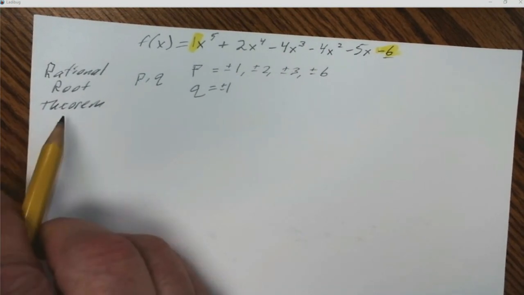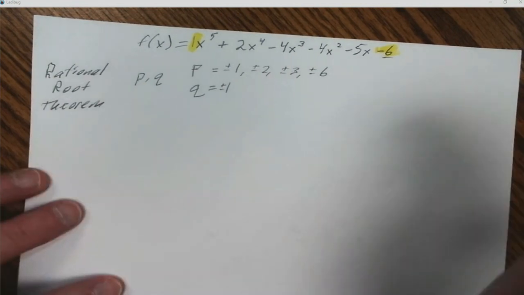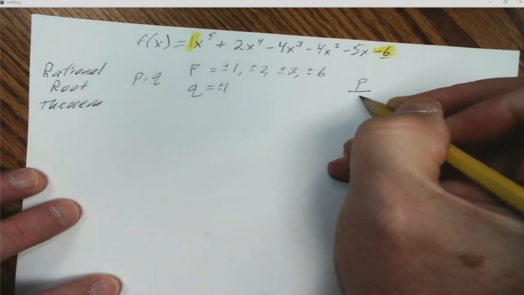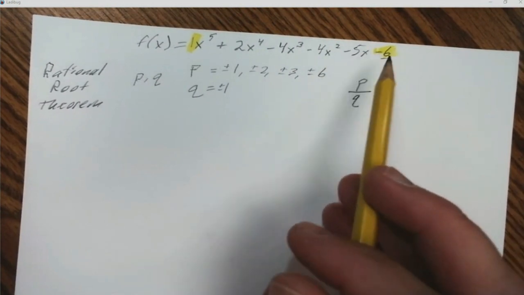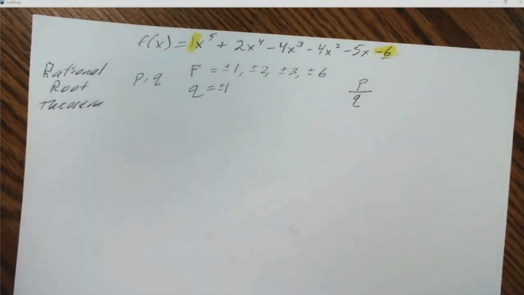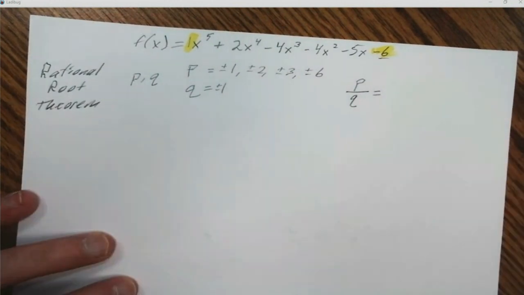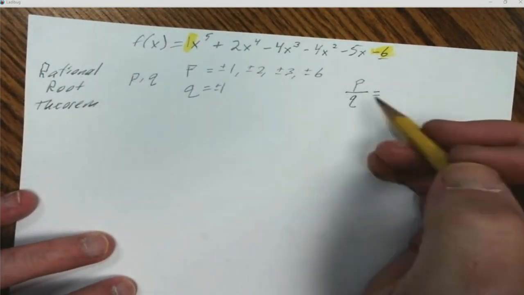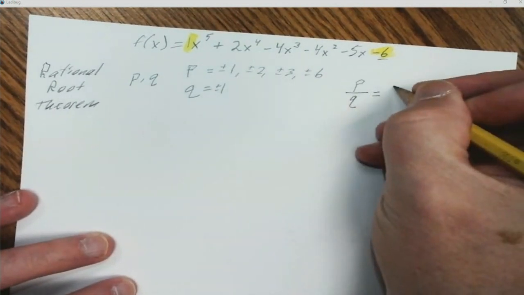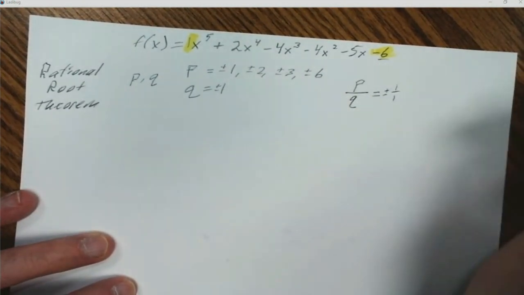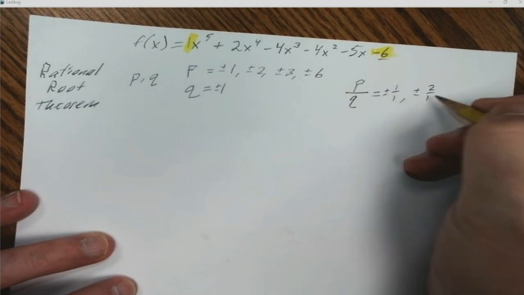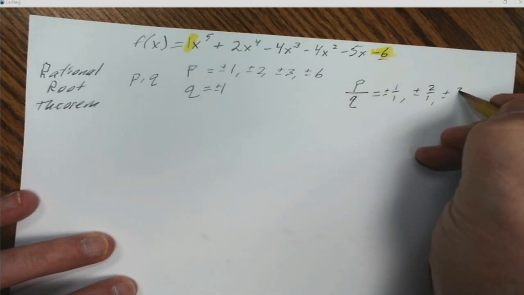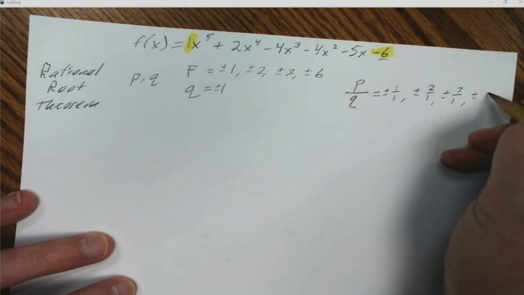So the rational root theorem says if we take P over Q, with P being all the factors of the constant and Q being all the factors of the coefficient of the largest term, if we put P over Q, so all the possible combinations, in this case, it's plus or minus 1 over 1, plus or minus 2 over 1, plus or minus 3 over 1, and plus or minus 6 over 1.